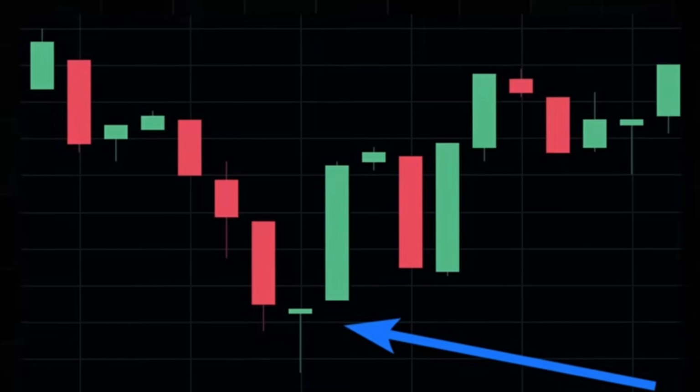Next up we have the short day. So this is another version of the long day, but as you can see we have the red candlesticks the same as before coming on a downward trend, but then we are met by a short candlestick with a long wick underneath, which is a reversal to the upside, followed by green candlesticks upwards.